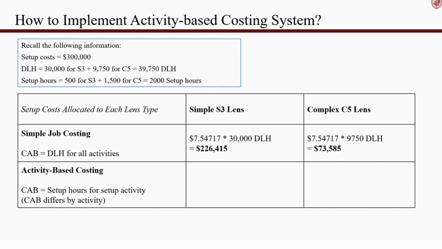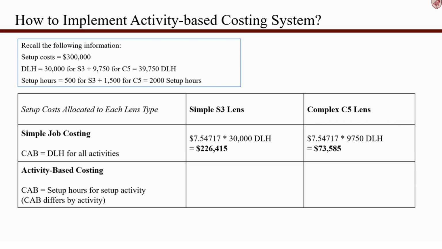In the traditional simple job costing, we applied this 7.547, which is the allocation rate per direct labor hour, times the labor hours used for each type of lens. Okay. So under the simple job costing, the simple S3 lens is bearing more setup costs compared to the complex C5.